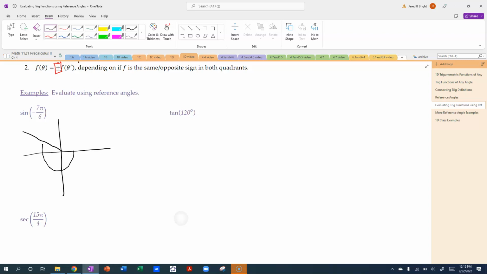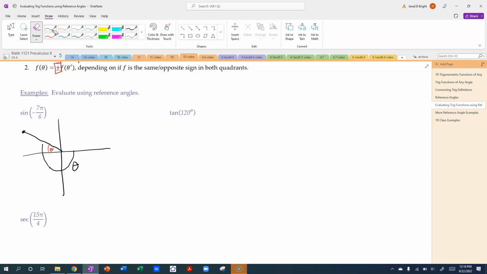So that is our angle theta, and this would be our reference angle theta prime. If you have the unit circle handy, you might remember that this point P of (x, y) would be negative square root of 3 over 2, comma 1/2. But let's just pretend we don't know that.